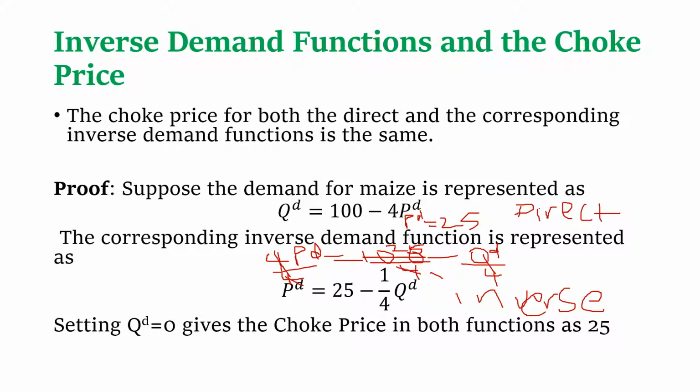So 1 over 4 QD becomes 0, and so 25 minus 0 is just 25. So the choke price here again is equal to 25.